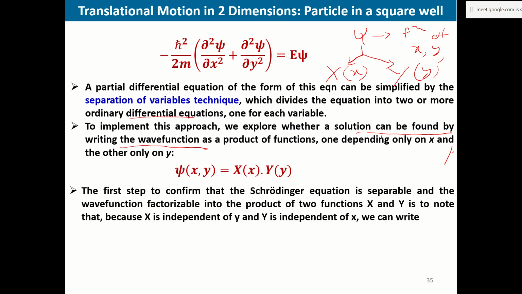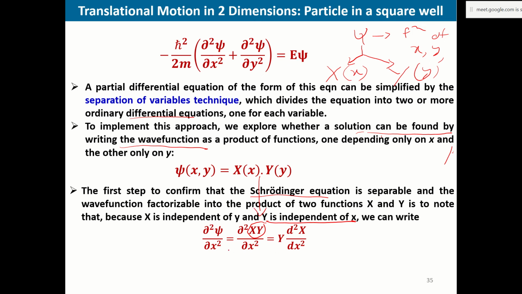And those should also satisfy the Schrodinger equation. So first we think that X is independent of y and Y is independent of x. Then if that is possible, we can possibly write these partial derivatives in something like this. Psi is X times Y, so we are substituting the value of psi.